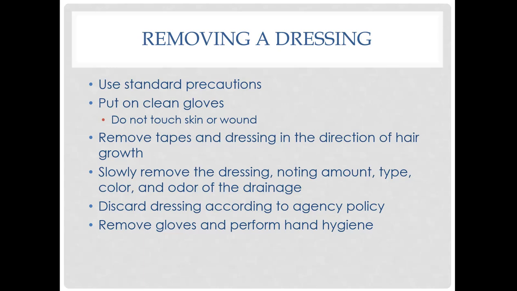Do not touch the skin or the wound. You're just removing the dressing. Remove tapes and dressing in the direction of hair growth. Slowly remove the dressing, noting amount, type, color, and odor of the drainage. Then discard the dressing according to agency policy, remove gloves, and perform hand hygiene.